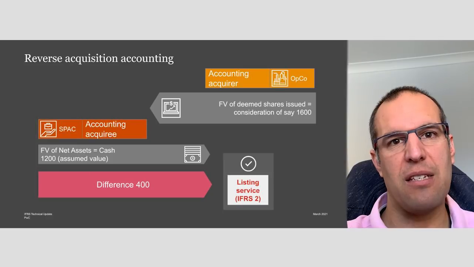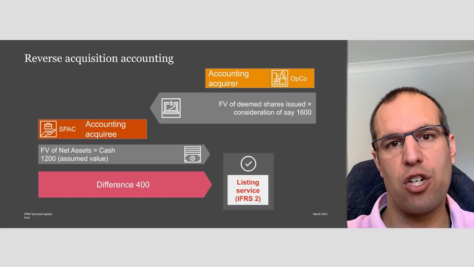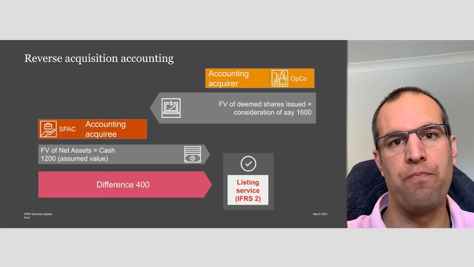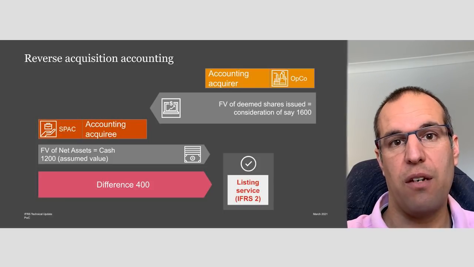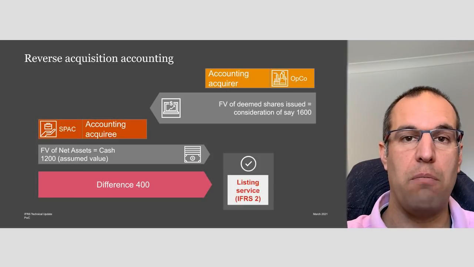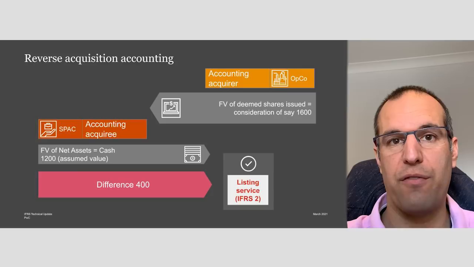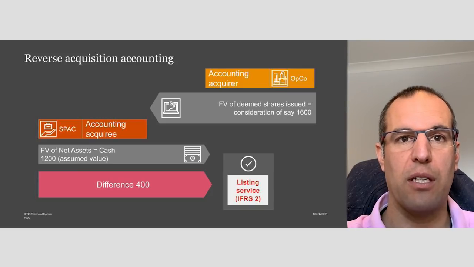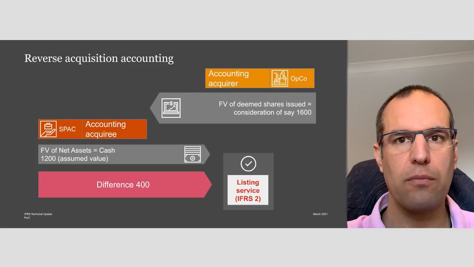But if the SPAC is the accounting acquiree and the OpCo is the accounting acquirer, the transaction might not be a business combination, because the SPAC generally would not meet the definition of a business if it's really just a shell sitting on a lot of cash. And in many cases, if that's the case, IFRS 2 rather than IFRS 3 will be the applicable guidance for accounting in relation to the SPAC merger if the arrangement is not a business combination.